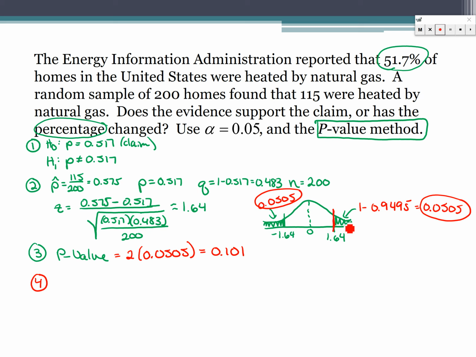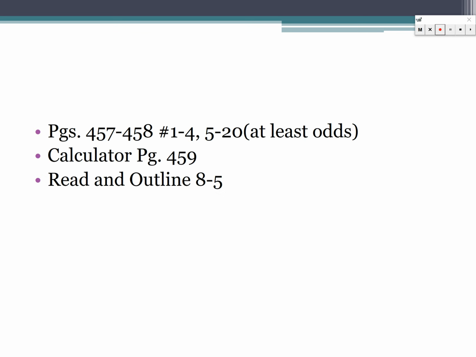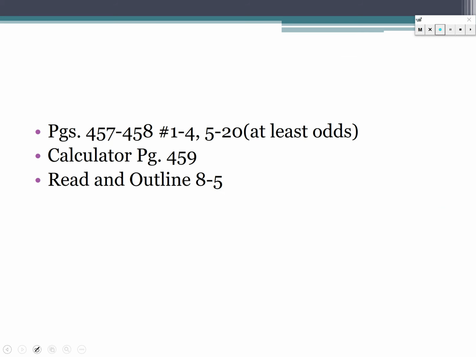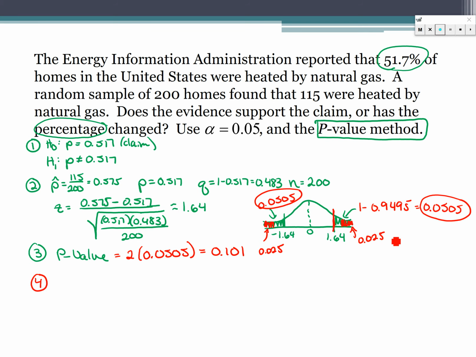So when I do that, I get 0.025, a smaller area in the tail shaded in. So again, this is our alpha divided by 2. We have to split it amongst the two tails.